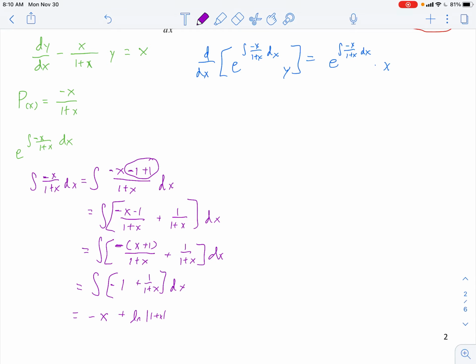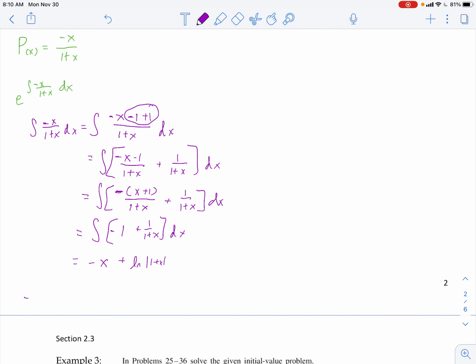And so now this can be written as e to the natural log of absolute value 1 plus x minus x, which when I convert this is just e to the natural log of 1 plus x times e to the negative x.